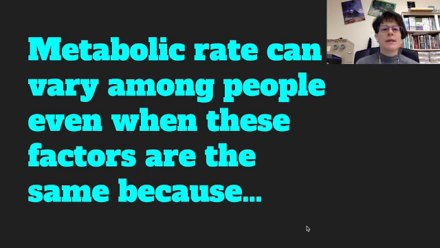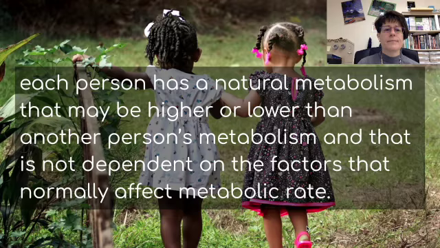Now, metabolic rate can vary among people even when these factors are the same, because each person has a natural metabolism that may be higher or lower than another person's, and that is not dependent on the factors that normally affect metabolic rate. So, when we say somebody has a fast metabolism, sometimes they do have a little faster metabolism than other people, and that is absolutely true.